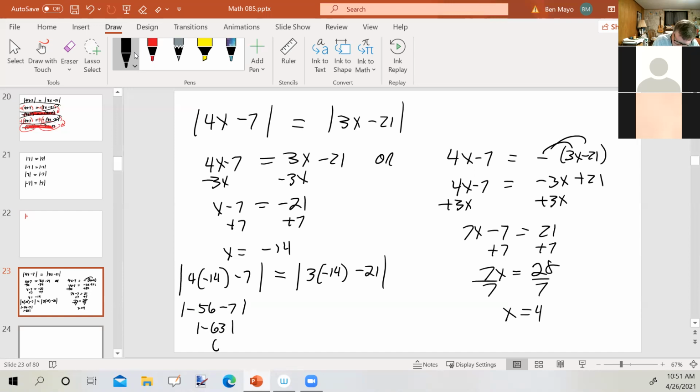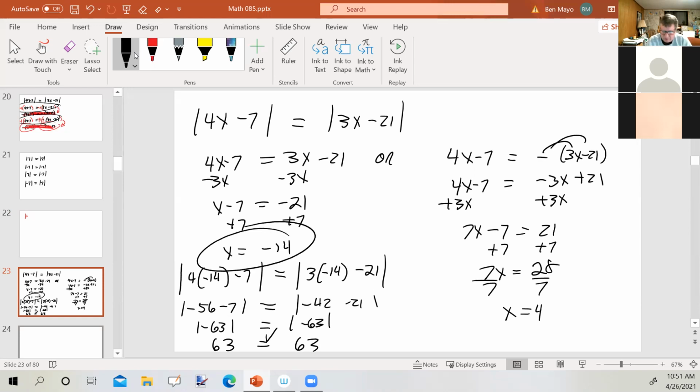And the absolute value of negative 63 is positive 63. So far, so good. Okay. 3 times negative 14 would be negative 42. Negative 42 minus 21 would be negative 63. And the absolute value of negative 63 is 63. So the first solution checks.